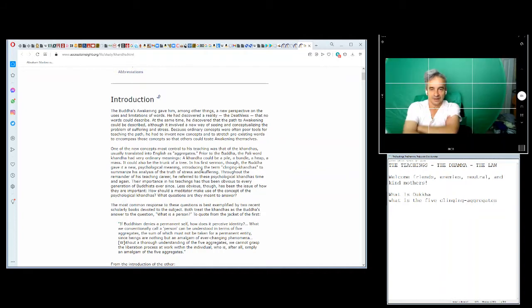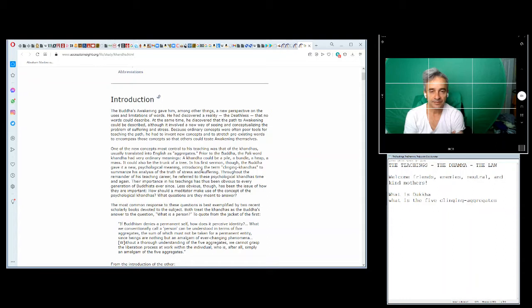The Buddha's awakening gave him, among other things, a new perspective on the uses and limitations of words. He had discovered a reality, the deathless, that no words could describe.